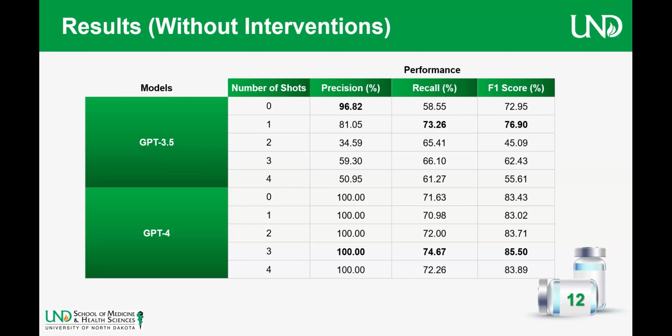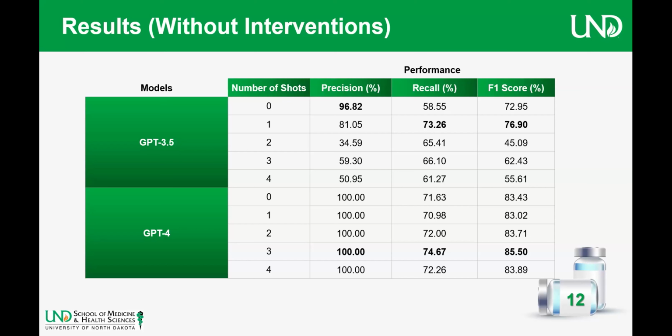There usually remains some optimal point, and then it may deteriorate. I think for GPT-4, that optimal point is 3-shot for this specific task.